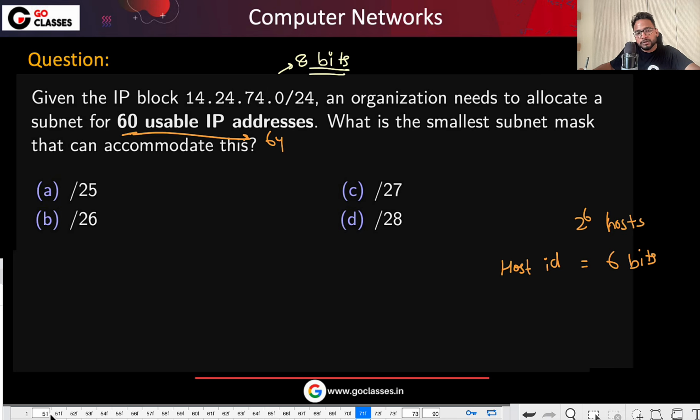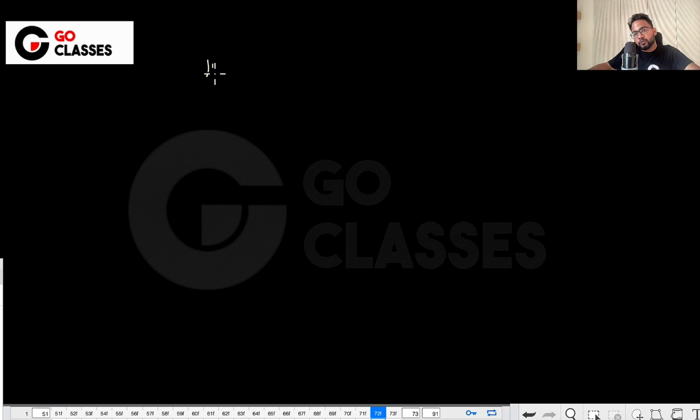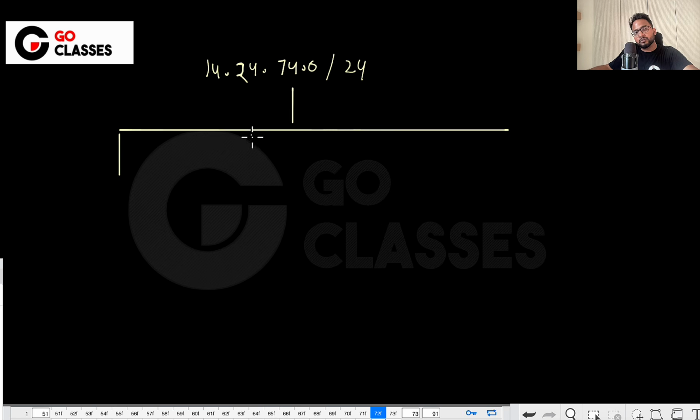See what I'm trying to say. This is the 14.24.74.0/24 network. One option is that you can divide it into 4 parts, and each one is obviously /26.